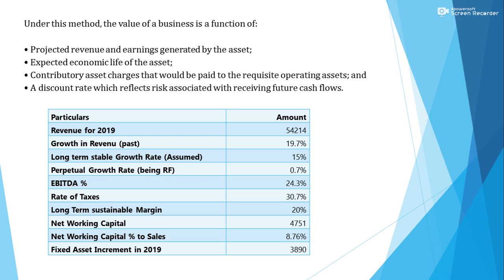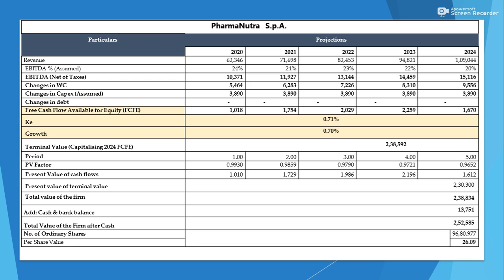The particulars and amounts which we can see in this current slide are of Pharma Nutra company for the year ended 2019. On the basis of the discounted cash flow method, we come to the calculation of per share value.